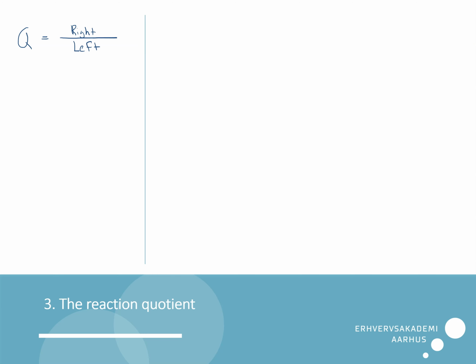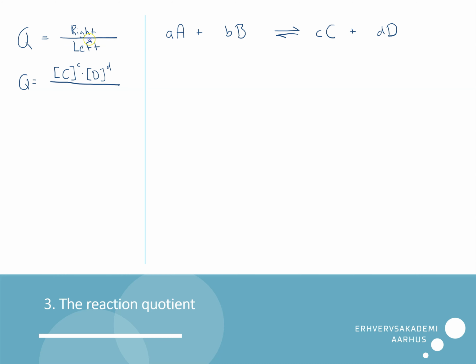So if we look at a general chemical reaction where we have a molecules of the substance A plus b molecules of the substance B, turning into c molecules of C plus d molecules of D. Then Q can be written as the concentration of C raised to the power of lowercase c, because that's the coefficient in front of C, multiplied by the concentration of D to the power of lowercase d.